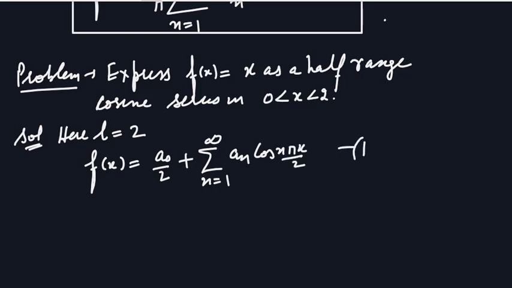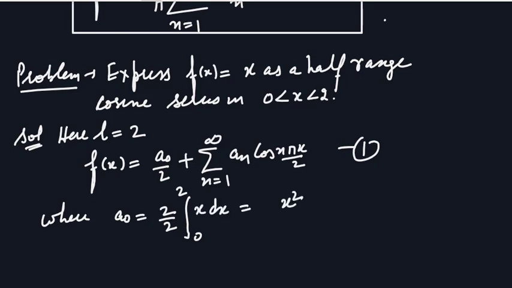So this is your number 1, where a naught is 2 by L. L is 2, integral 0 to 2, f of x is x dx. So on solving here, see what I will get. This is 4 by 2, that is 2, minus 0. You will get the value of a naught as 2.